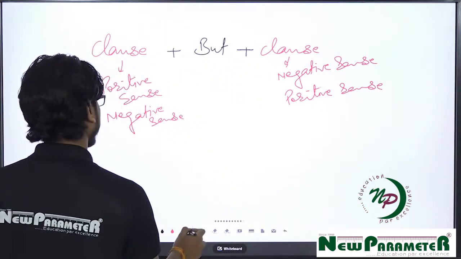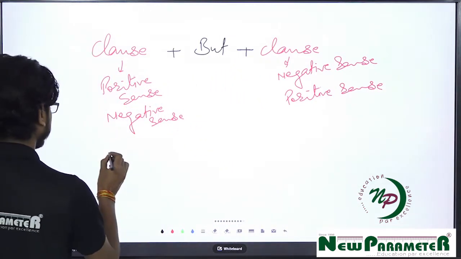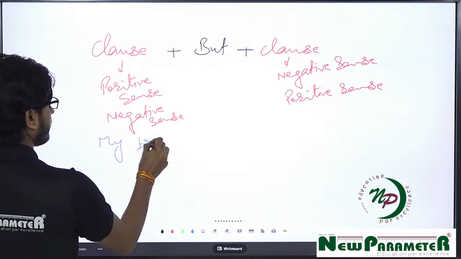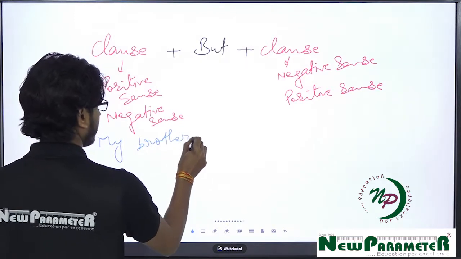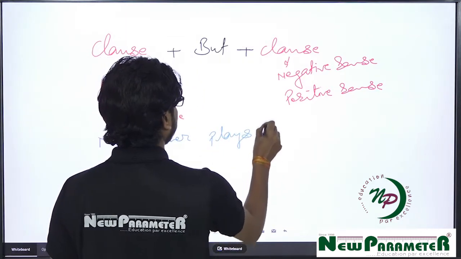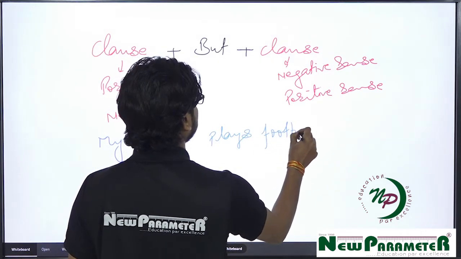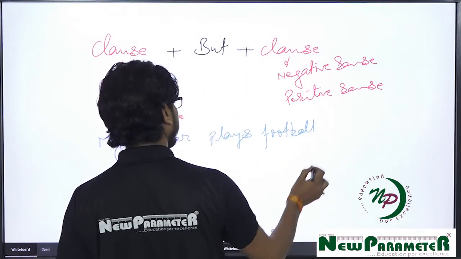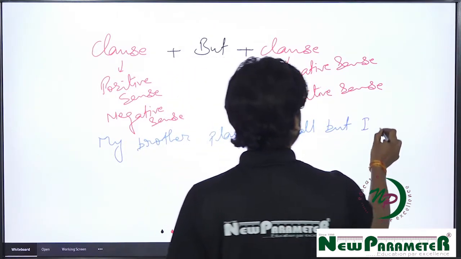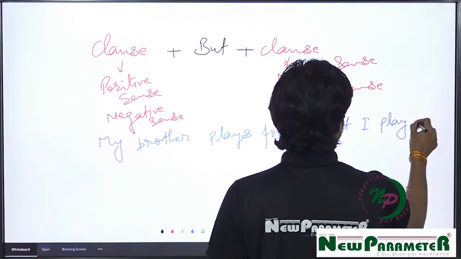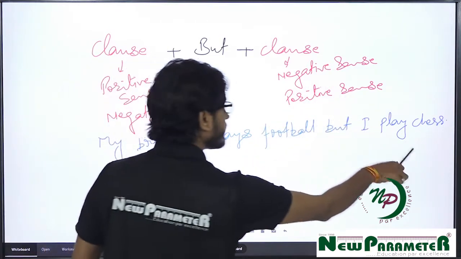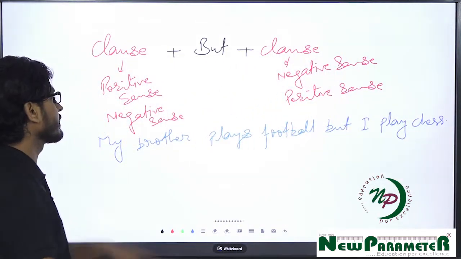Say for example, my brother plays football, but I play chess. Means what? This clause totally contradicts this one.